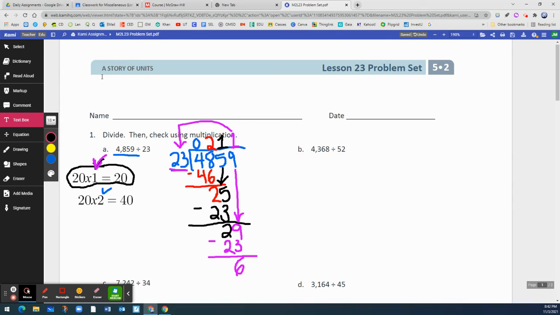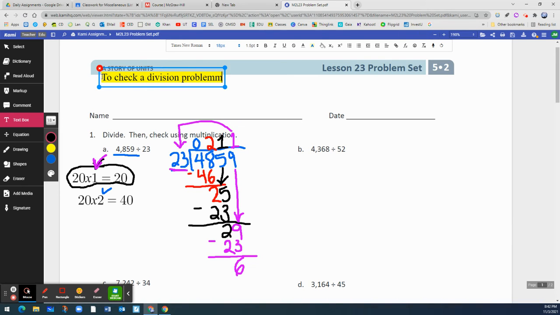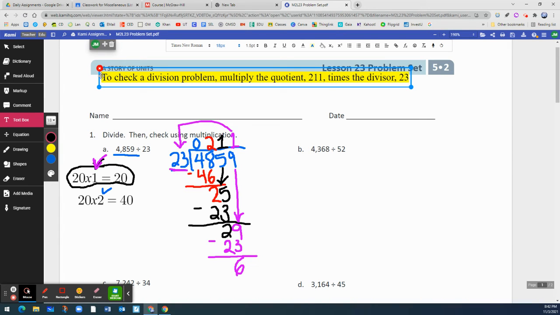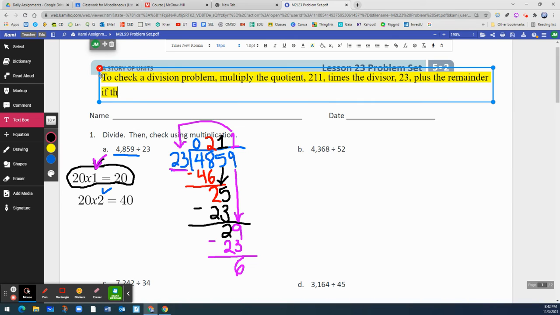To check a division problem, multiply the quotient, in this case is 211, times the divisor, which in this case will be 23, plus the remainder if there is one. In this case, there is one right here.